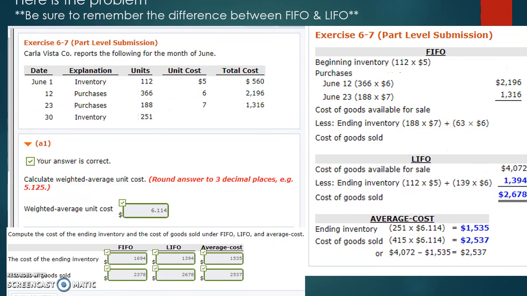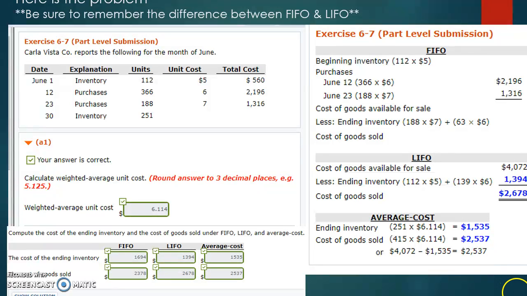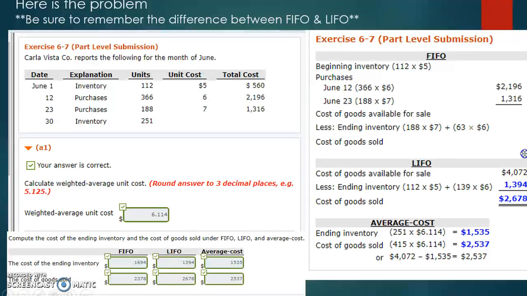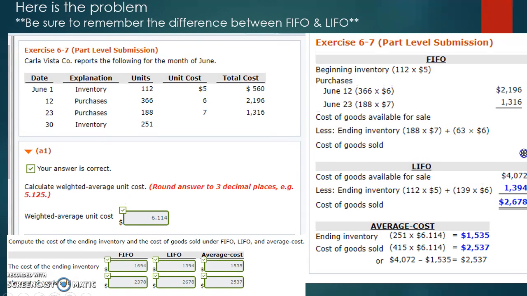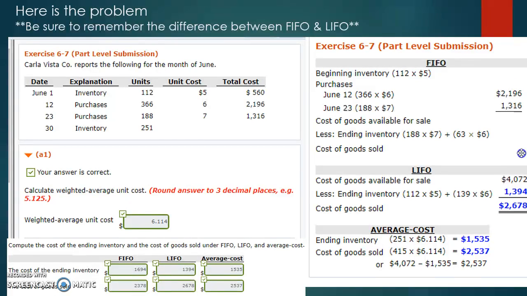What we're expected to do here is find the weighted average cost of the units that were given here. To get the weighted average cost, we take the total cost of all these items and sum them up. The total cost is going to be 4,772.